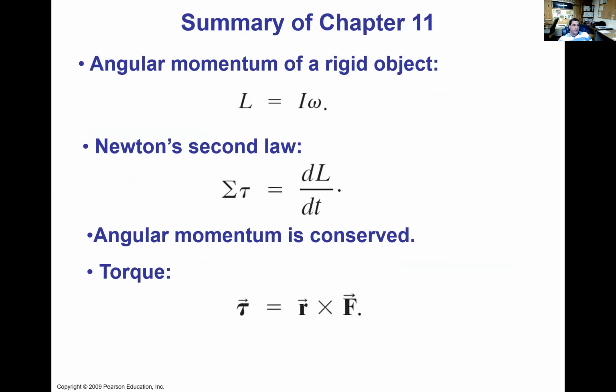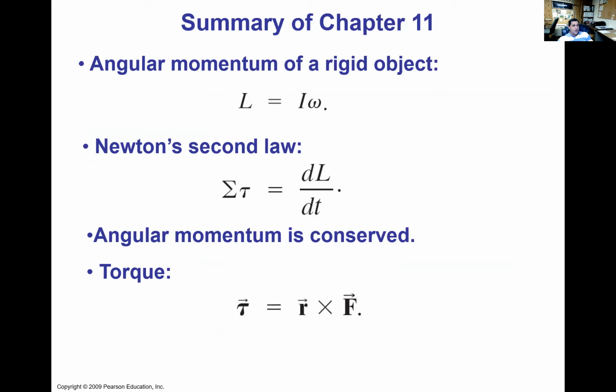Angular momentum of a rigid object, L, is given by the moment of inertia of that object multiplied by the angular velocity of that object. Sum of torques is equal to the change in angular momentum with respect to time. Angular momentum is also conserved.